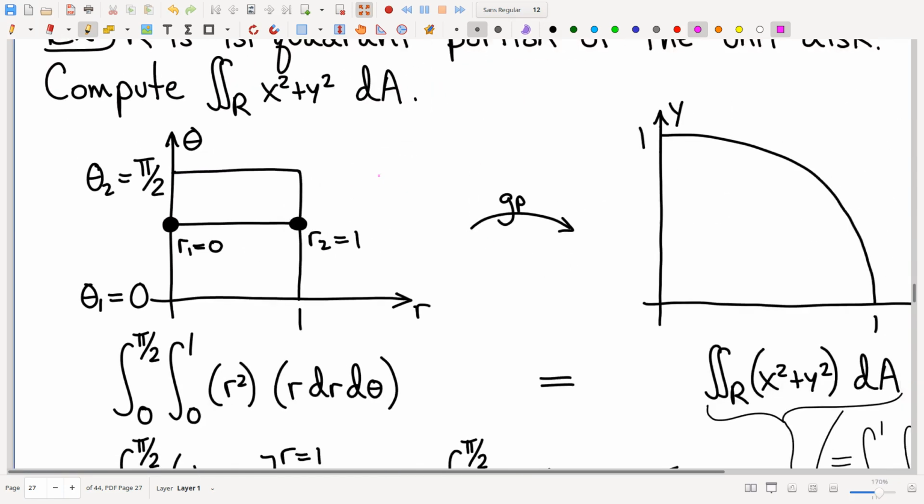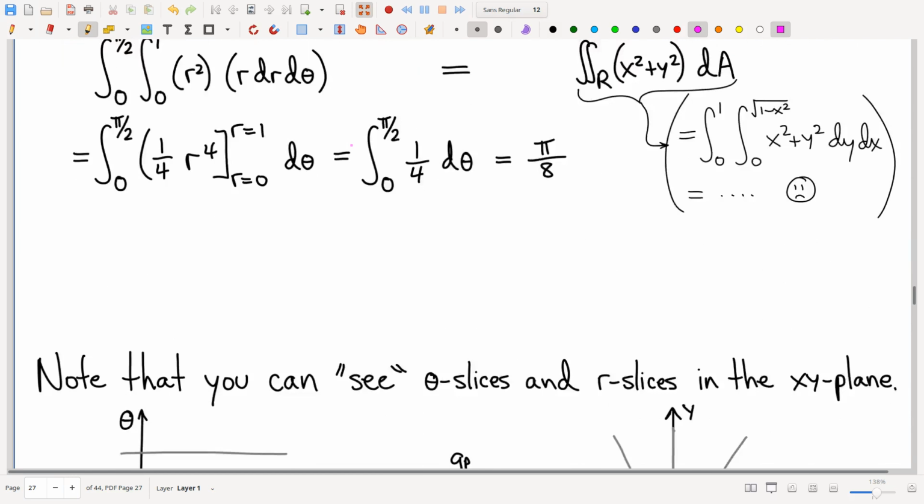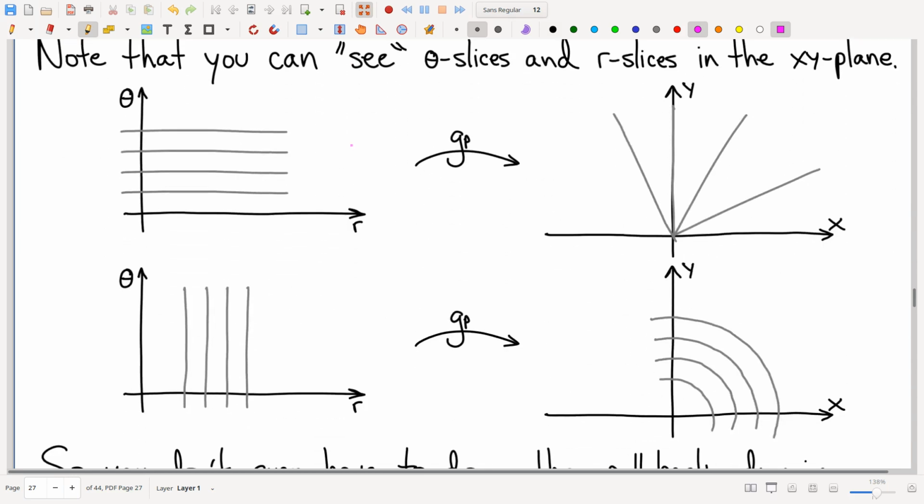Here's the slick move now. All that slicing that I just kind of swept under the rug previously. Theta slicing, for example, looks like this. A theta slice, of course, means a slice representing a constant value of theta. And here's the good news. I know exactly what that looks like in the xy plane. Now, to be fair, when you've done the pullback, your integral is actually happening over here, on the pullback domain.